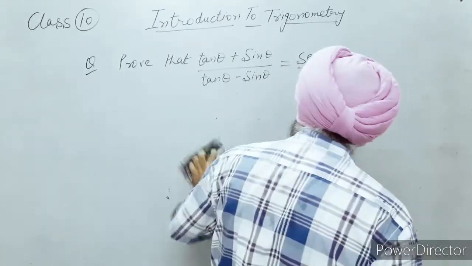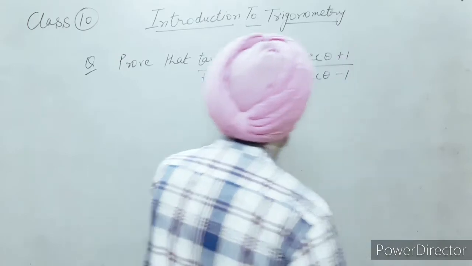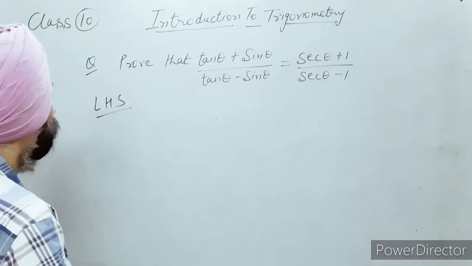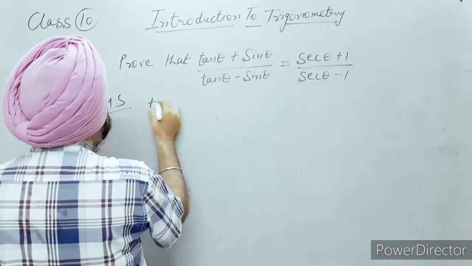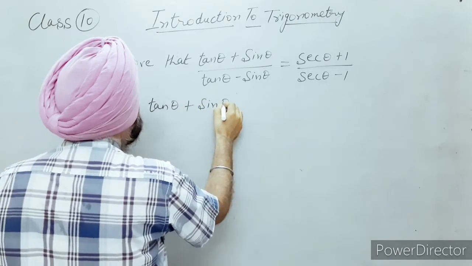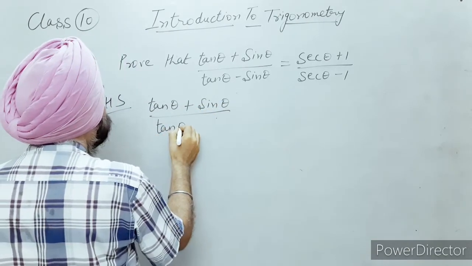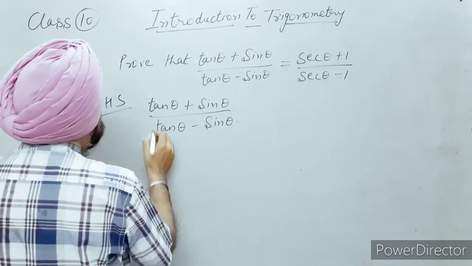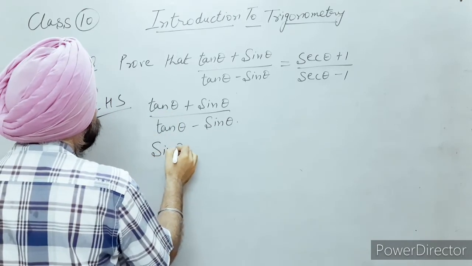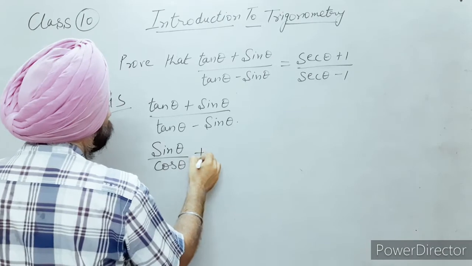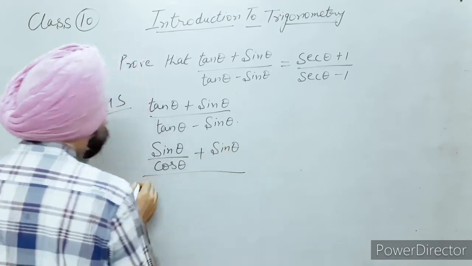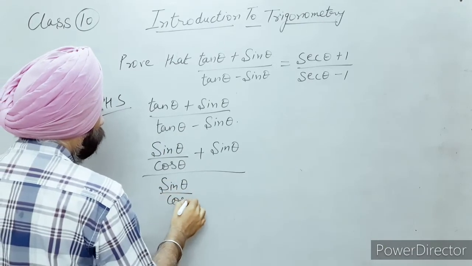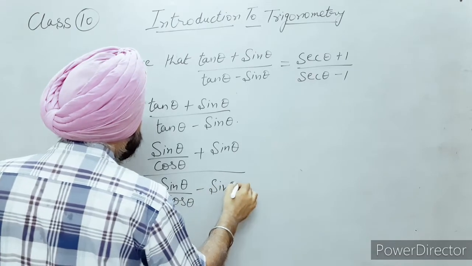Now, take the left hand side again. I have tan theta plus sin theta upon tan theta minus sin theta. Now change this tan into sin theta upon cos theta, plus sin theta. Change this tan into sin theta upon cos theta, minus sin theta.